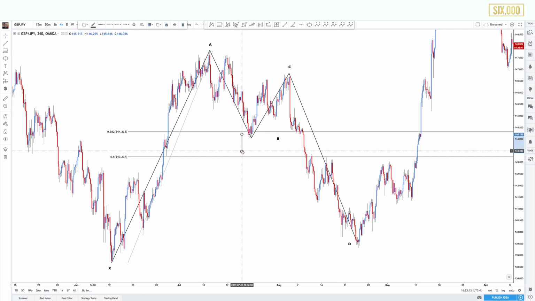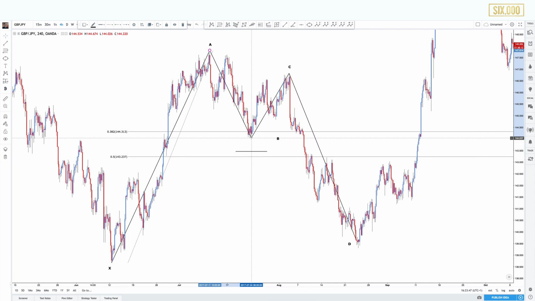It can be in between 0.382 and 0.5. It can be just beyond the 0.5, but you really want it to confirm this exact measured level. And when price goes beyond the 0.382, if it's closer to the 0.382 than it is the 50% or the 0.5, we then consider this a 0.382 measurement. If price is closer to the 0.5 measurement, we then consider this, in this situation, a 0.5 ratio.